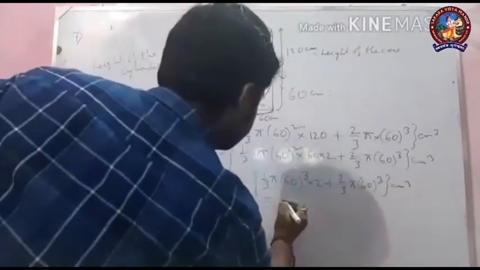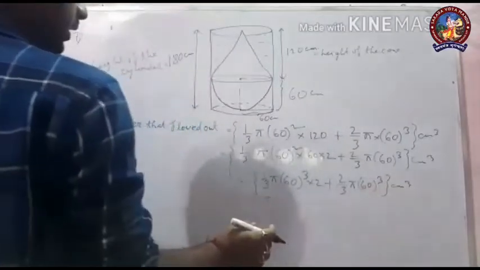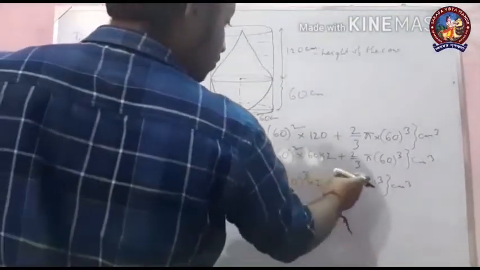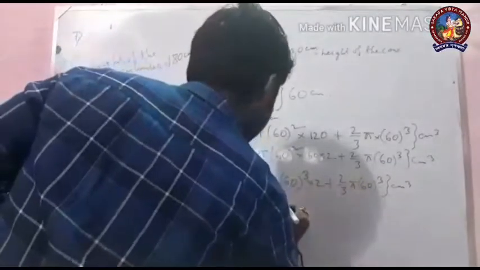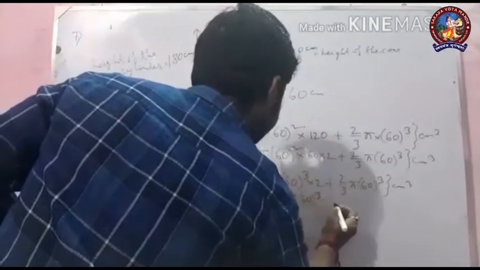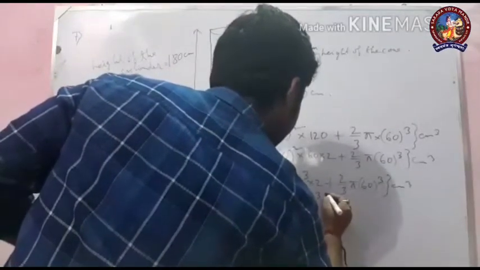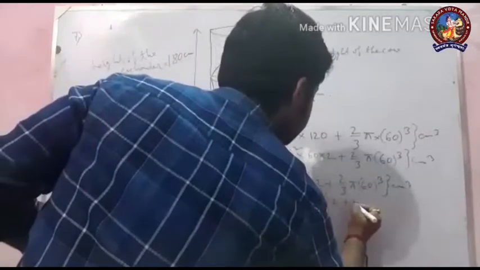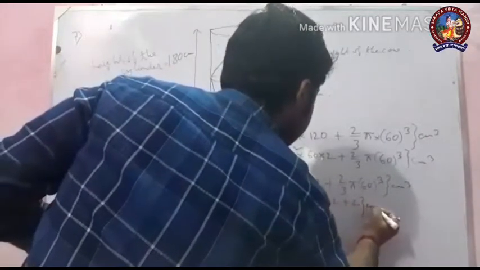That is equal to, let's take 1/3 pi 60 cube common. It will be 2 plus 2, same cube.